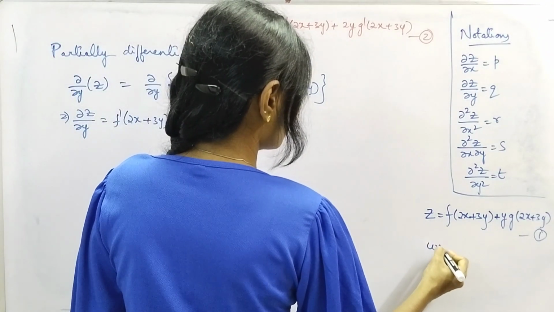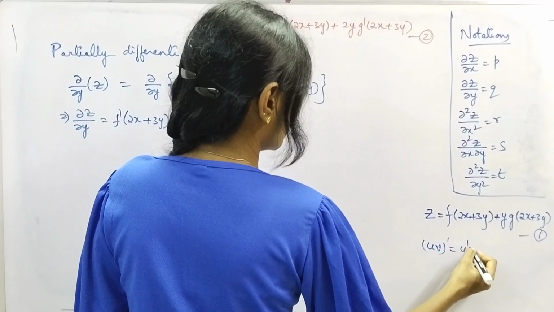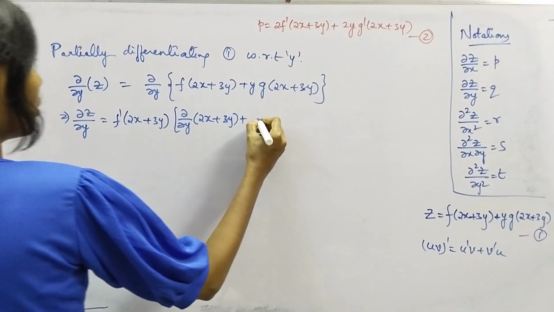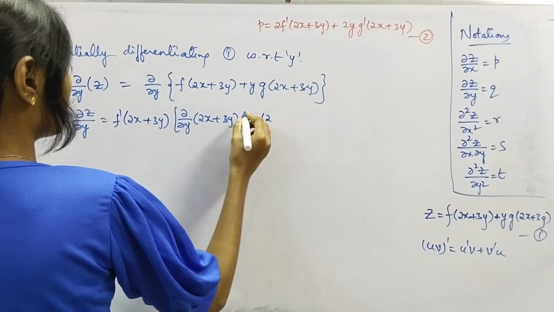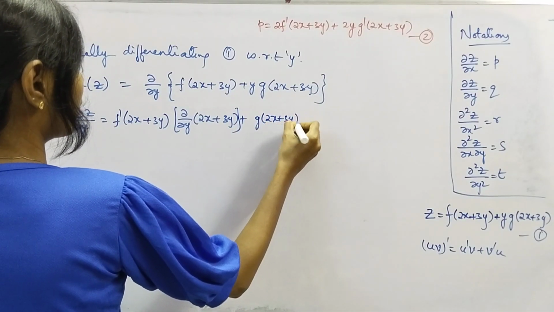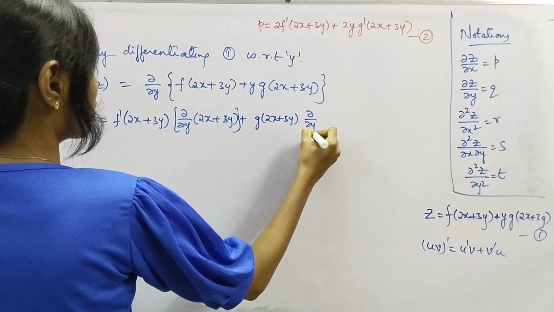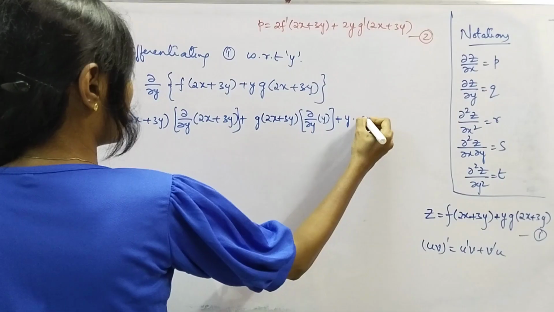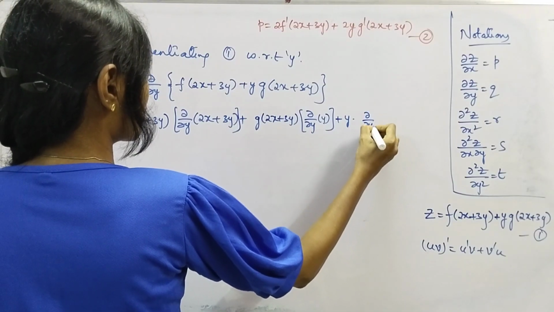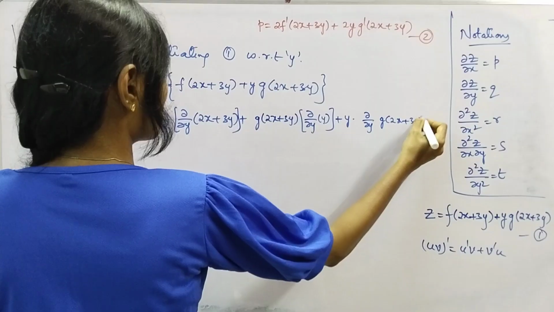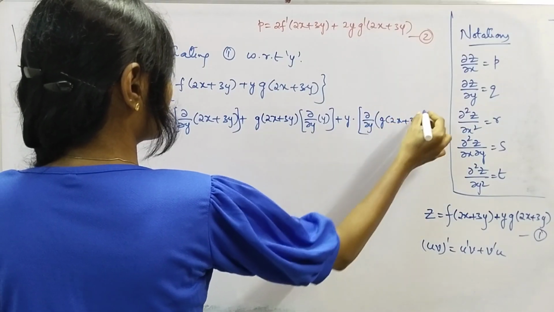So we are going to apply the uv whole prime formula, that is u prime v plus v prime u: g of 2x plus 3y into partial derivative of y with respect to y plus y into partial derivative of g of 2x plus 3y. Okay.